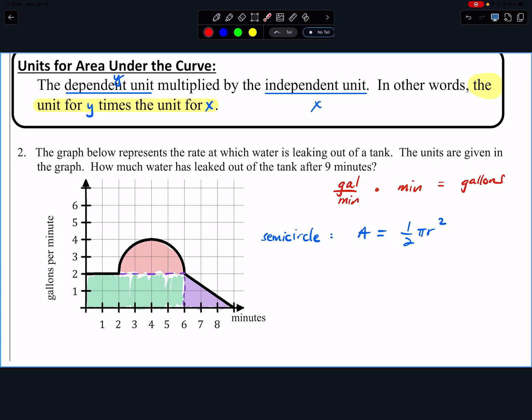The radius, remember, is the distance from the center to one of the edges. So how far do I travel? 2. So the radius is 2. So it's going to be 1/2 pi times 2 squared. 2 squared is 4. Half of 4 is 2. So the area of this semicircle is 2 pi.